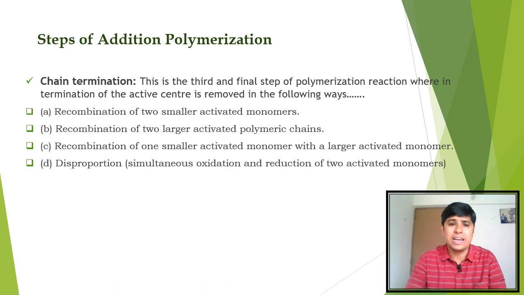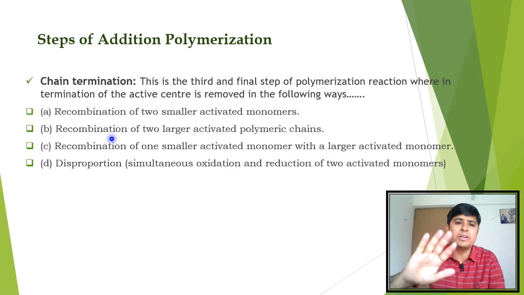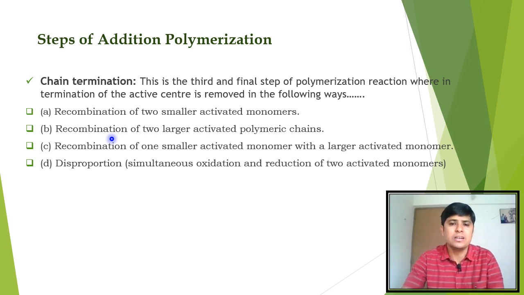The next and last step is chain termination. This is the third and final step of the polymerization reaction, where the reactive center is removed in the following ways.